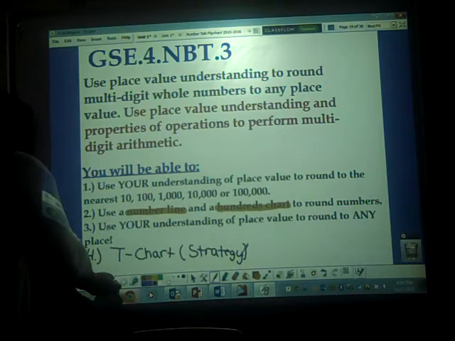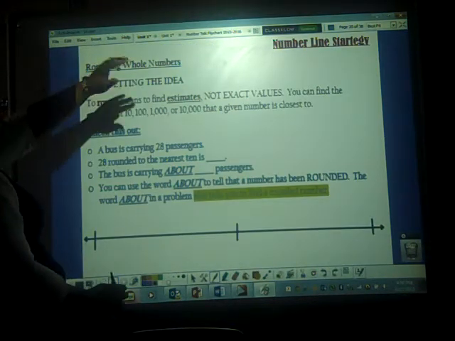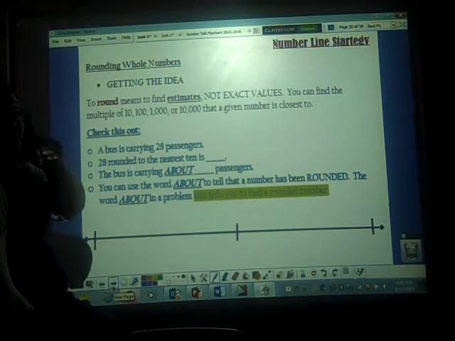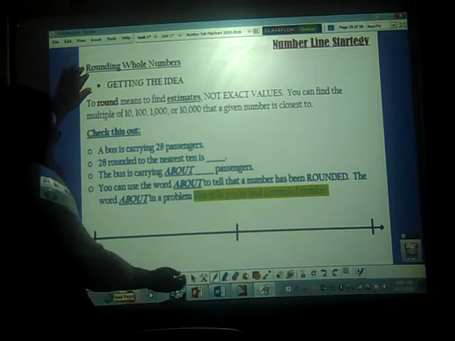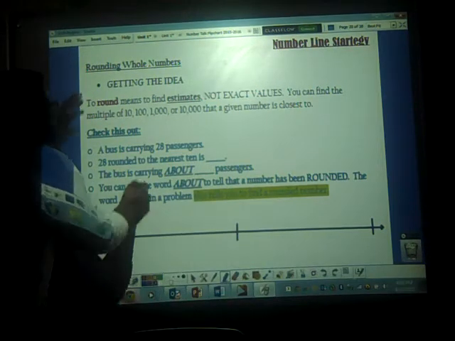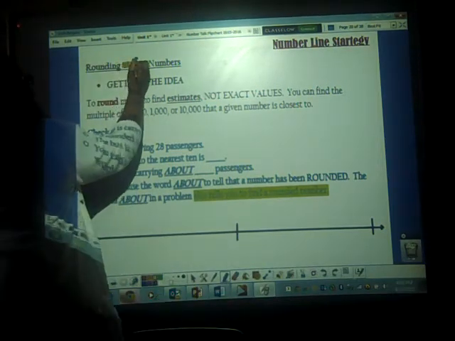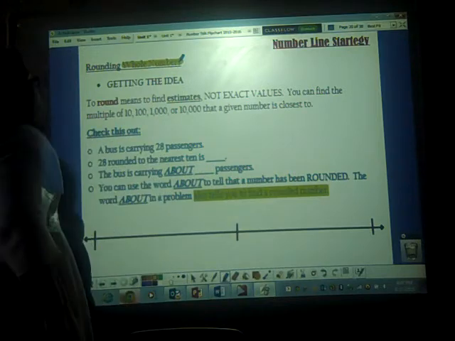All right, moving on. Now, we're going to work with the number line strategy first. So rounding whole numbers. Mind you, we are working with whole numbers.